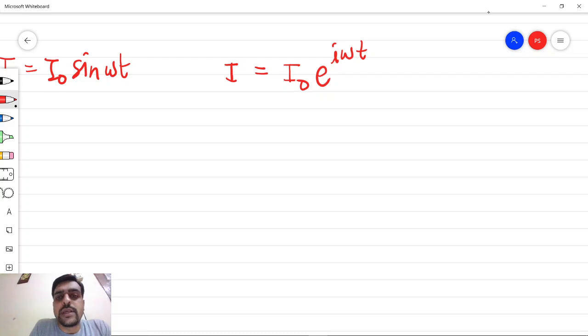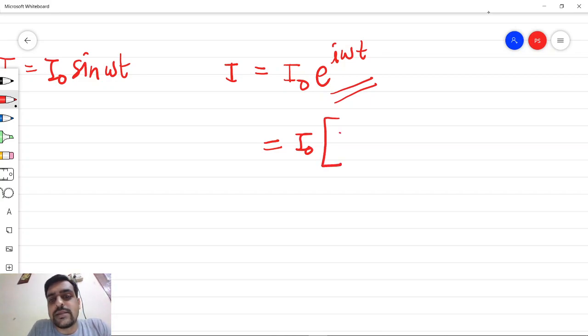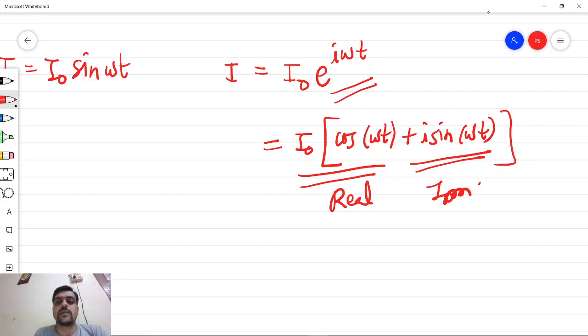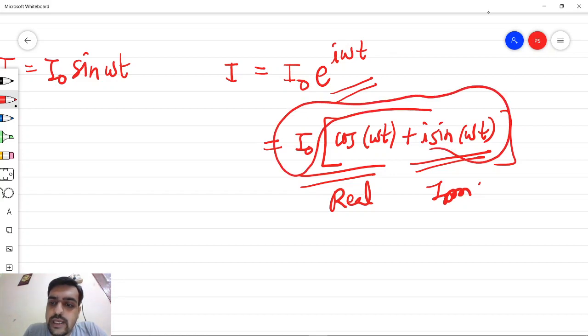Now we are introducing the complex notation, so we know that e raised to i theta is cos theta plus i sin theta. So this is the real part and this is the imaginary part of the expression, and we see that this imaginary part is nothing but the current.